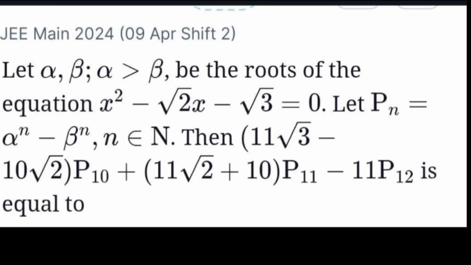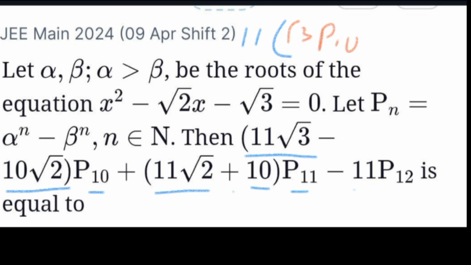Here in this question, 11 root 3 minus 10 root 2 P10 plus 11 root 2 plus 10 into P11 minus 11 P12 is equal to 0. Here 11 is common: 11 root 3 P10, then 11 root 2 P11 plus root 2 P11, here minus P12.